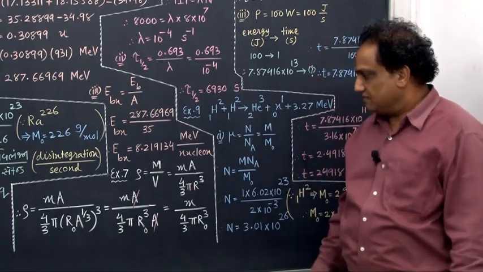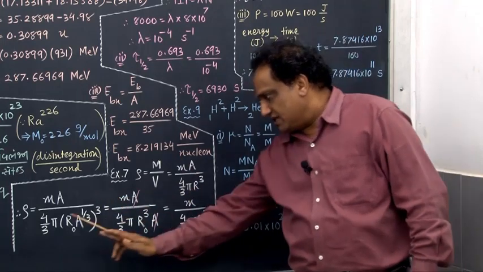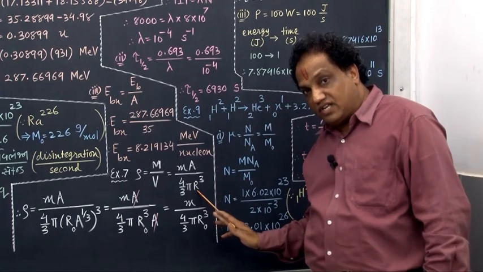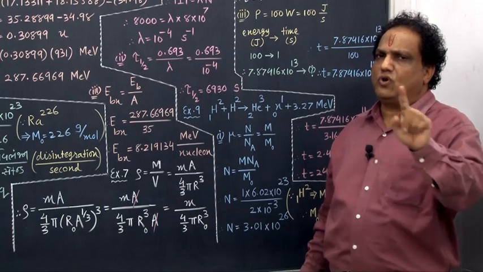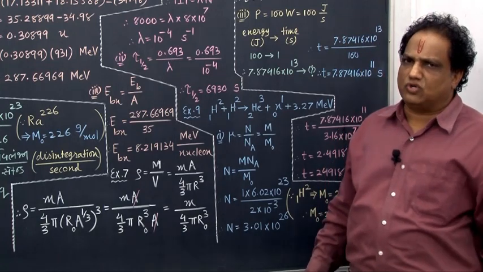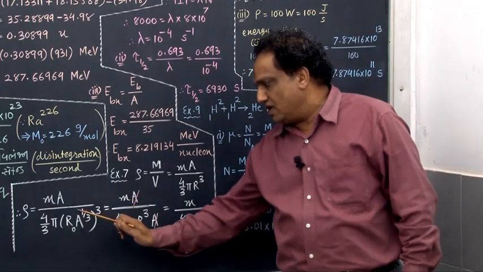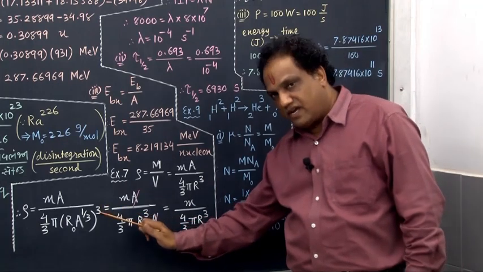Now m into A as it is, 4 upon 3 pi as it is. But what is the formula for the characteristic or average radius of a nucleus? We have studied it in the theoretical part. R equals R0 into A raised to 1 by 3, whole raised to 3. Don't forget.